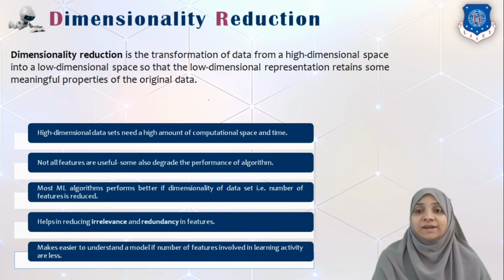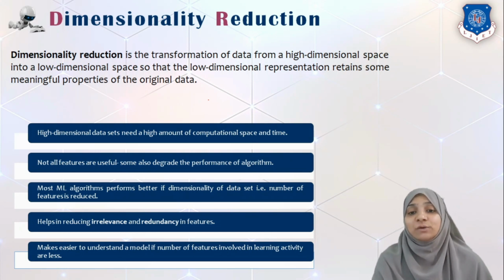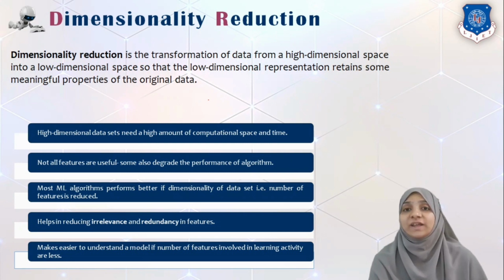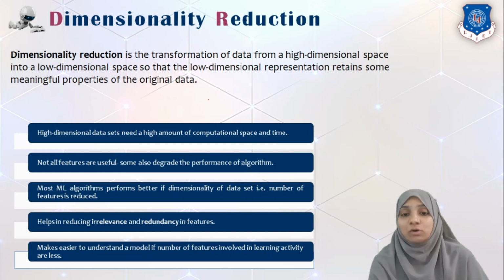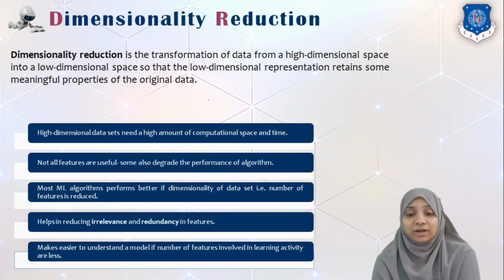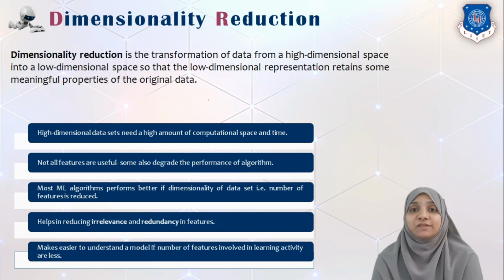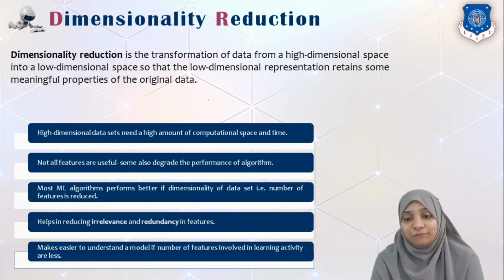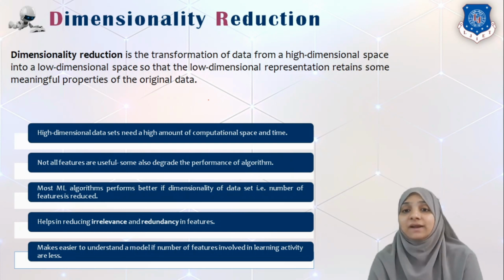So dimensionality reduction helps in reducing irrelevant and redundant features. Features, attributes and dimensions are one and the same thing, or I would say simply a column. It makes a model easier to understand if the number of features, attributes, or dimensions involved in learning activities is less.